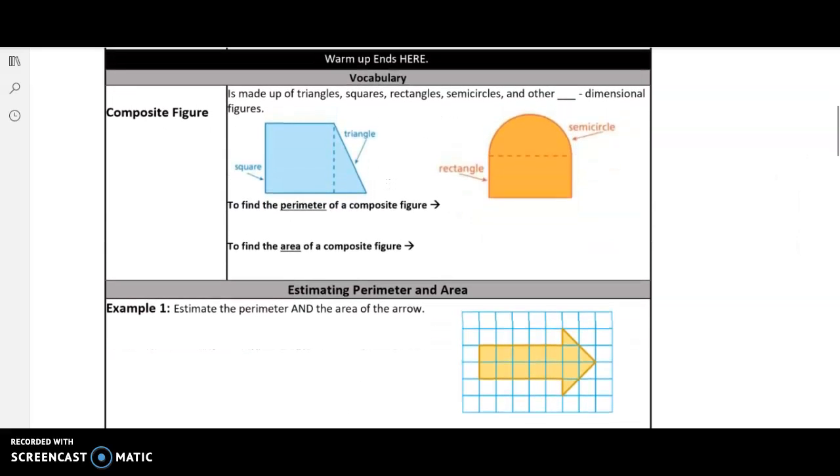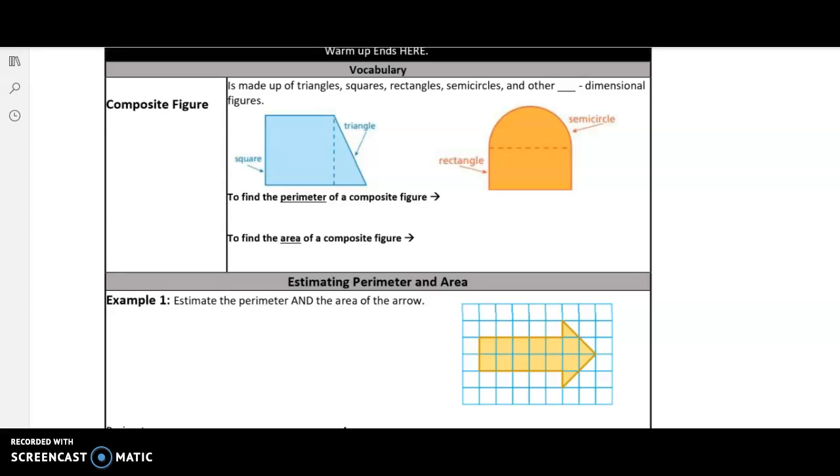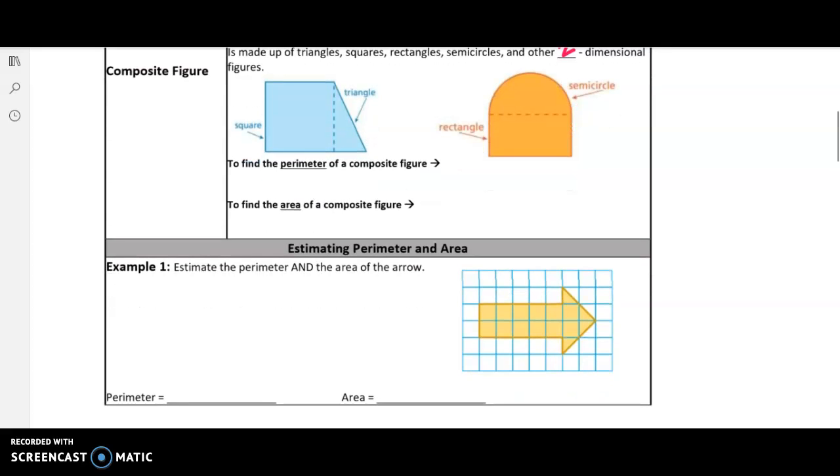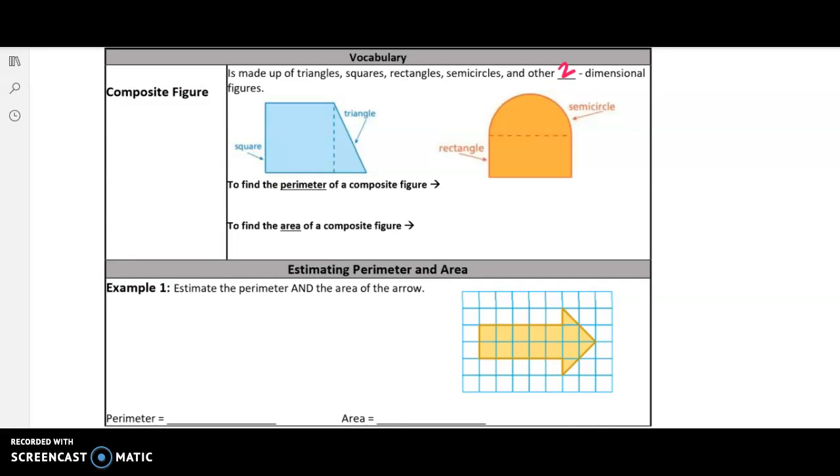Alright, so first we need to talk about vocabulary. A composite figure is made up of triangles, squares, rectangles, semicircles, and other two-dimensional figures. To find the perimeter of a composite figure, you need to find the distance around the figure.